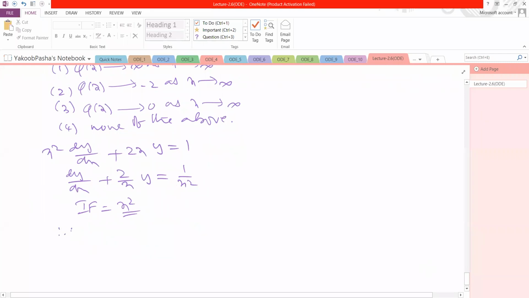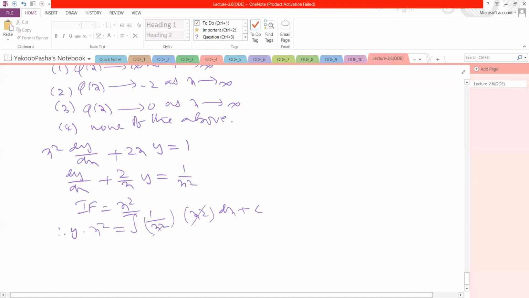Now the general solution: y into integrating factor x square is equal to the integral of 1 by x square into integrating factor x square into dx plus c.